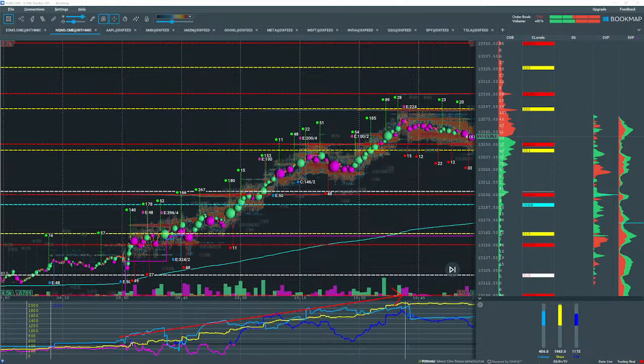And then finally, the yellow line rising indicates that buy stop orders were helping to fuel the move higher. And those buy stop orders are shown, oops, wrong tool.